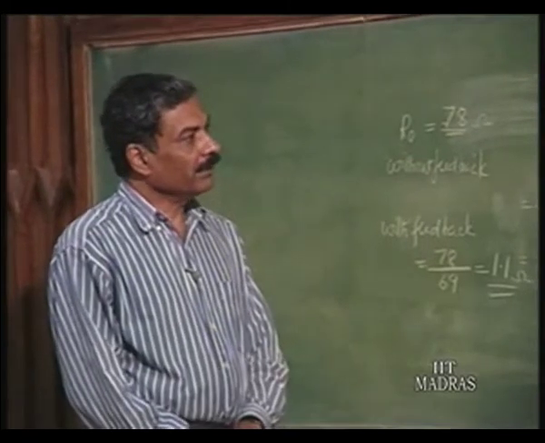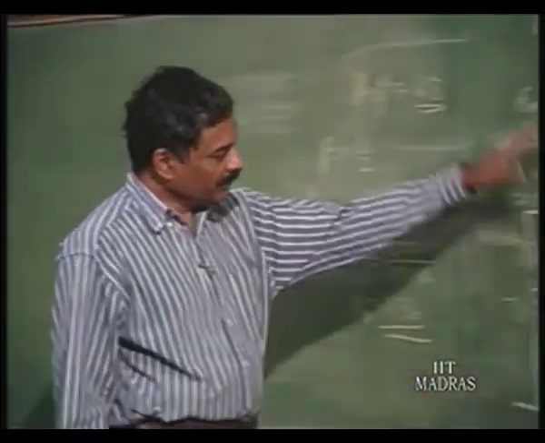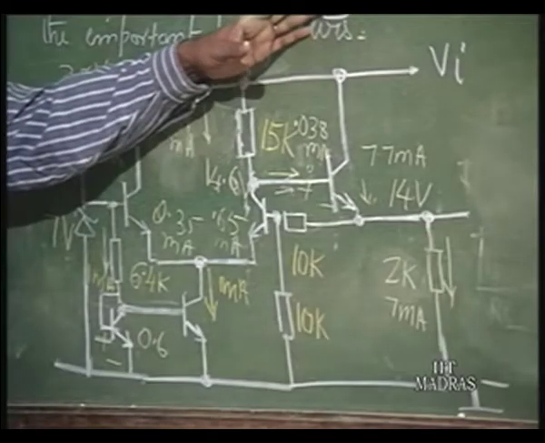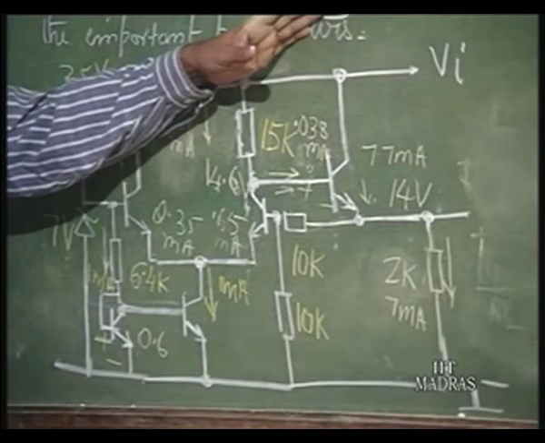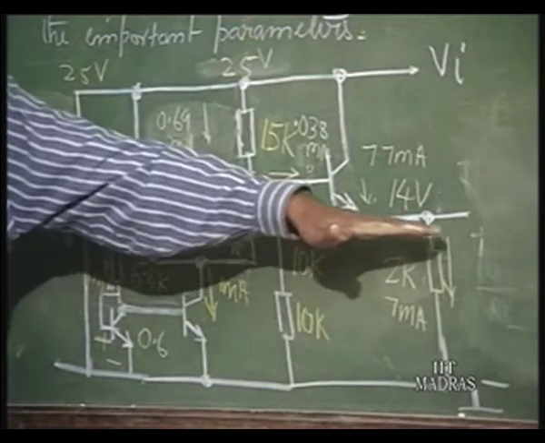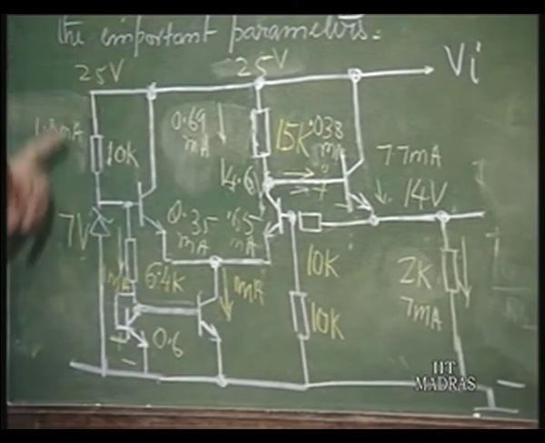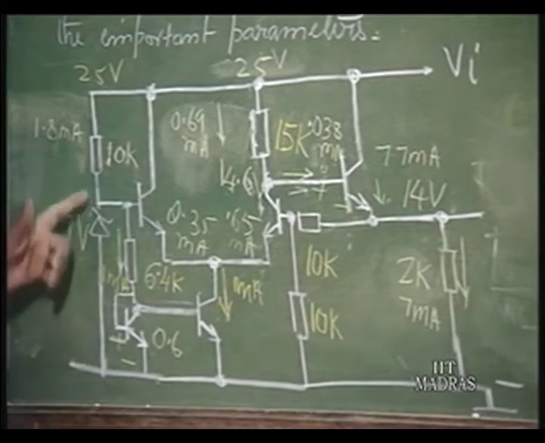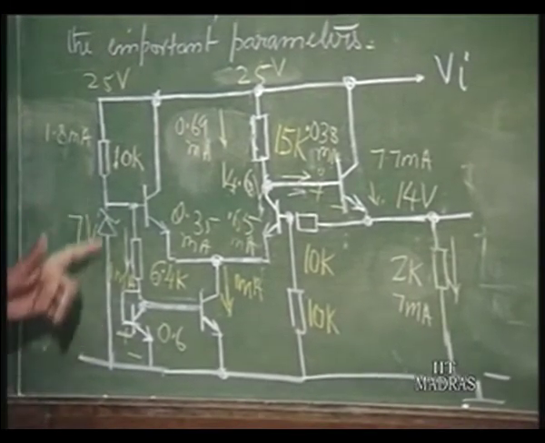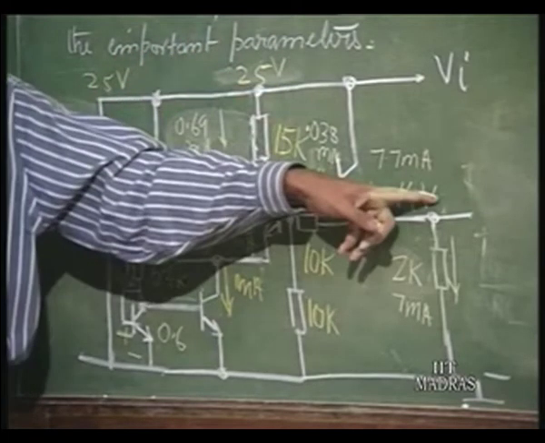You can also evaluate the ripple rejection by replacing the whole by its equivalent circuit, and varying this voltage by a small extent and finding out what this voltage is. Or, most of the ripple rejection occurs because when there is a ripple, there is a transfer here which is going to be RZ divided by RZ plus 10K, and that will be simply multiplied by a factor of 2.